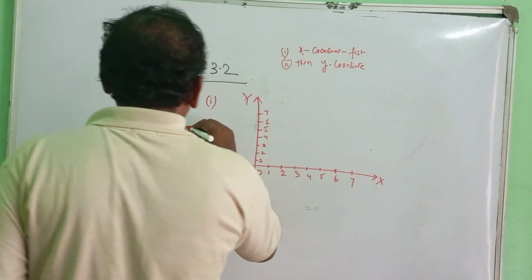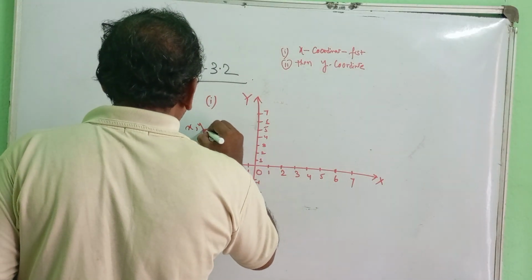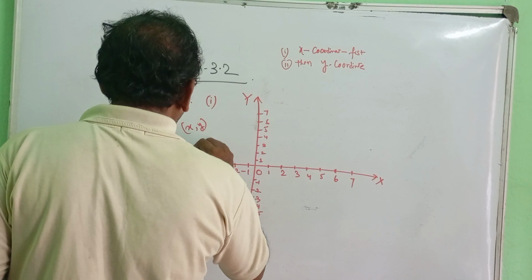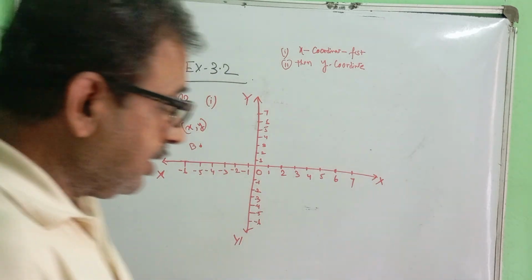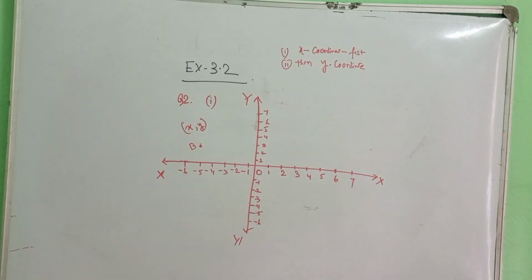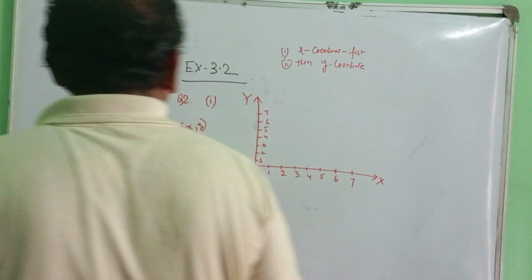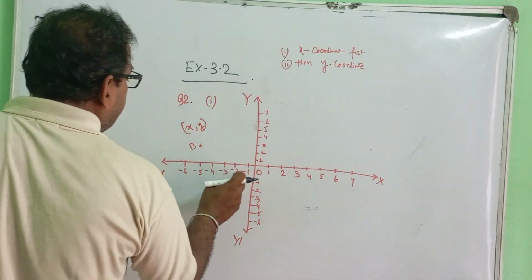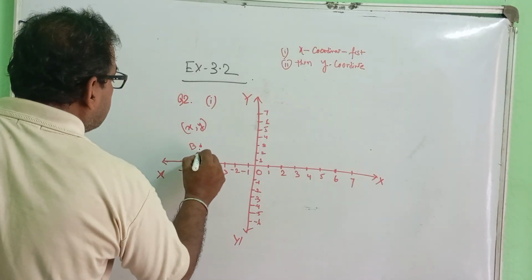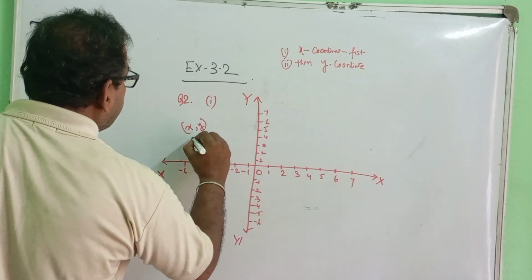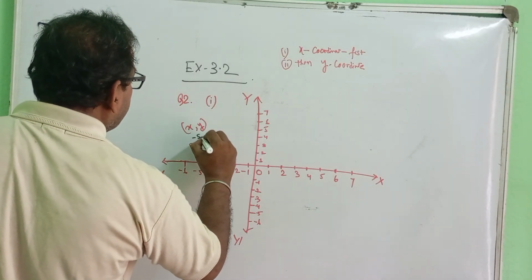We have to write x comma y. What we said is x first. Then how does x move? -1, -2, -3, -4, this part is -5.